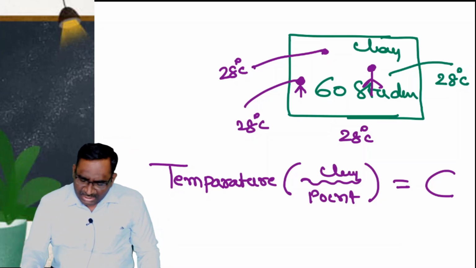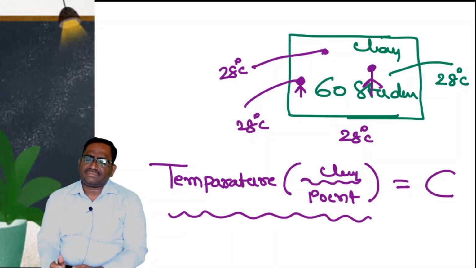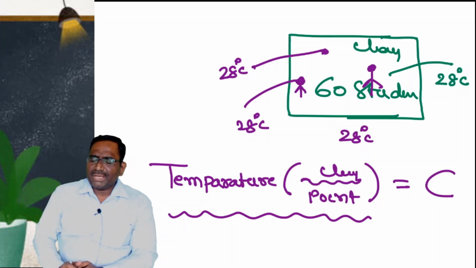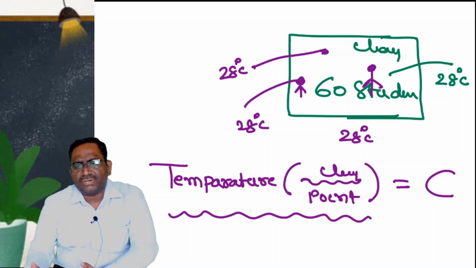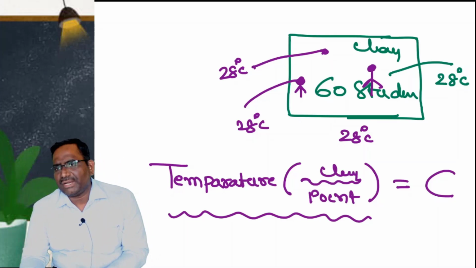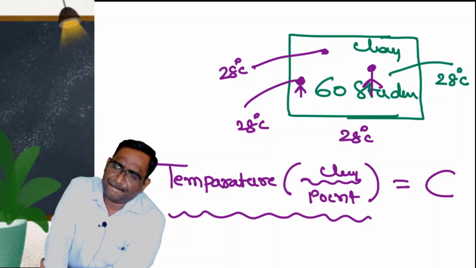So this is called the level surface, because at every point in that class it is equal to some constant, let it be 28 degrees centigrade.